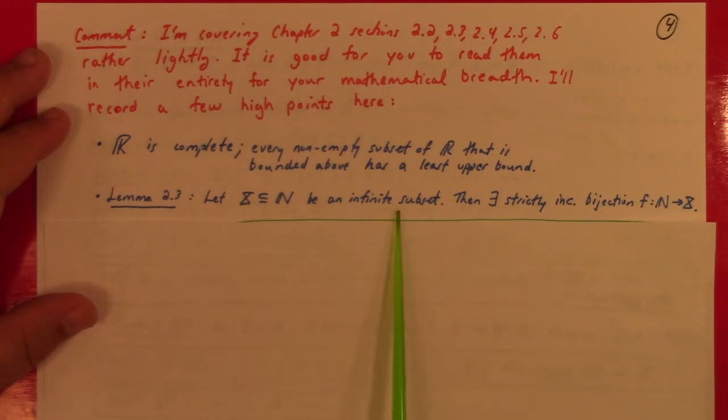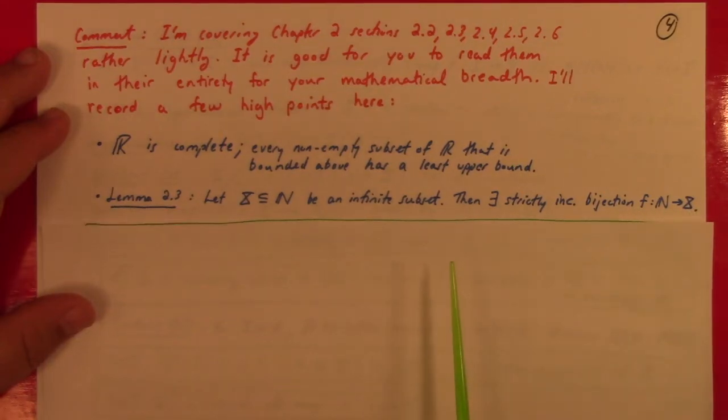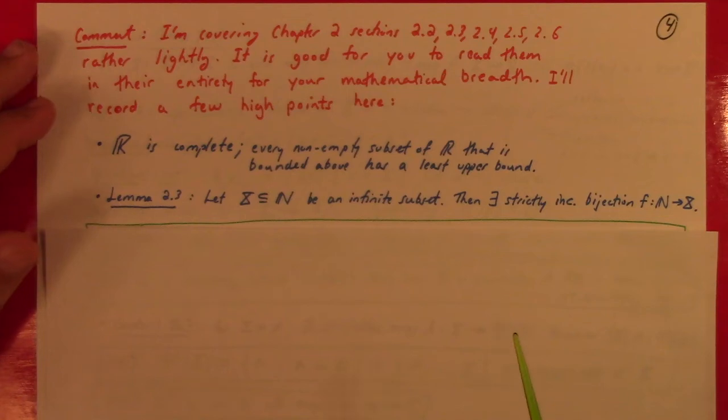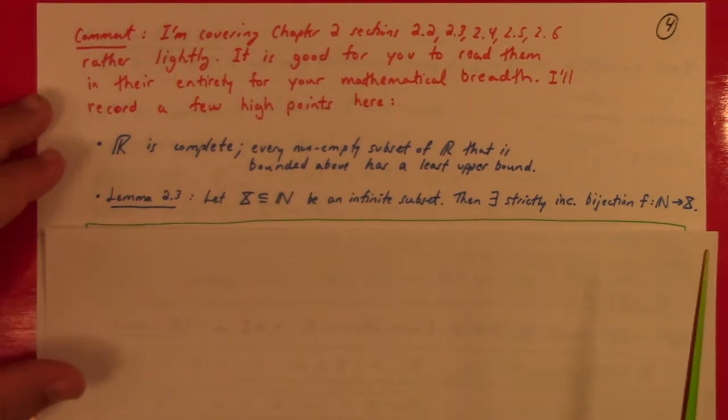Then there exists a strictly increasing bijection from N into X. In fact, if anything I'm shortchanging, there is a bunch of technical lemmas about mappings from natural numbers into sets and how that relates to ordering and partial ordering, and those may come back to bite us, but when we need them later, we'll get back into those details.